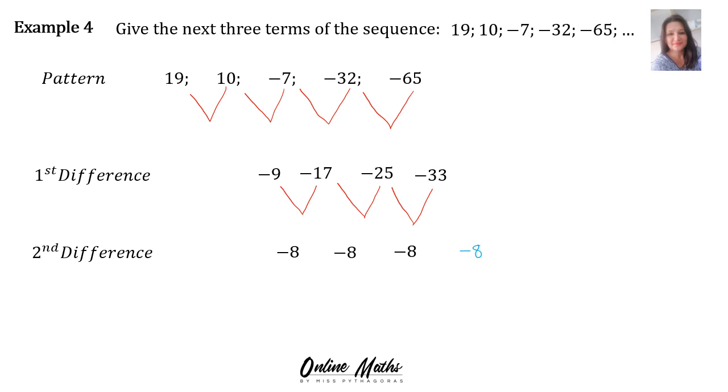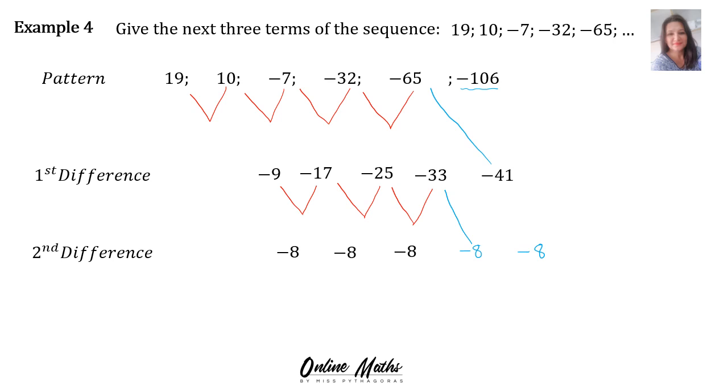Negative 8 plus negative 33 is negative 41. Now we add negative 41 to negative 65 and we find negative 106. That's the next term. Then again, the second difference is negative 8.